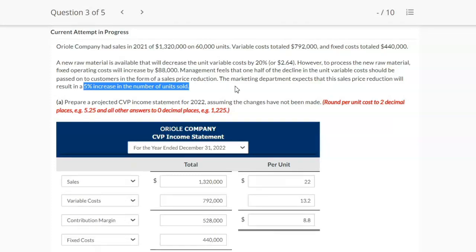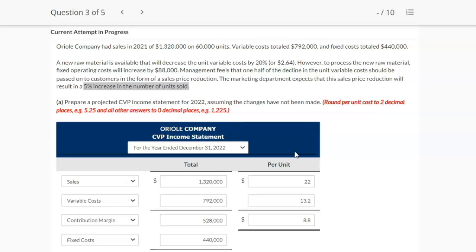So one half of 2.64, divided by 2, is 1.32. From $22 we have to subtract 1.32, so that is 20.68.